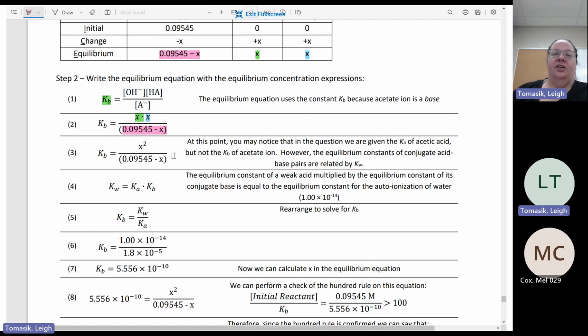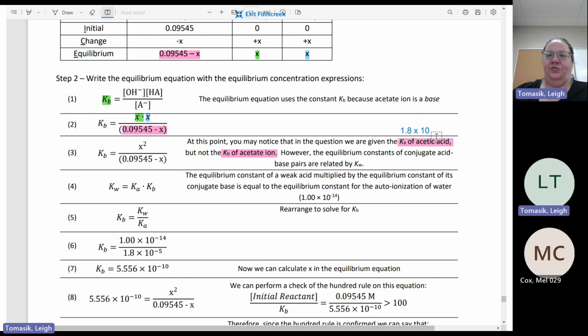So at this point, you may notice in the question we're given the Ka of acetic acid, but not the Kb of the acetate ion, right? So we used acetic acid, and acetic acid is really easy to find the K value in a book, right? And we've used it a lot in this unit.